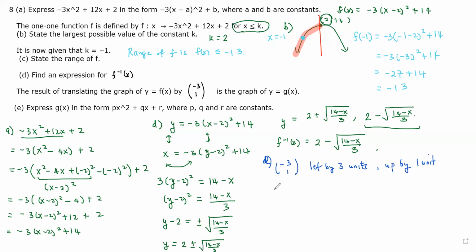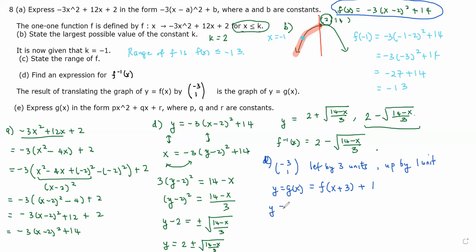So y equals g of x is f of x plus 3, plus 1. When you move left by 3 units, in the equation you replace x with x plus 3. And now f of x is given by this function here.